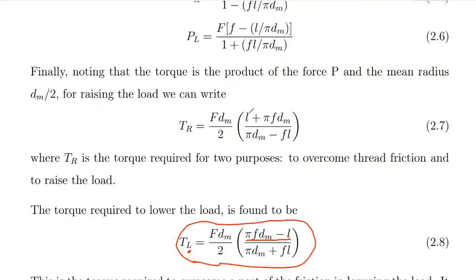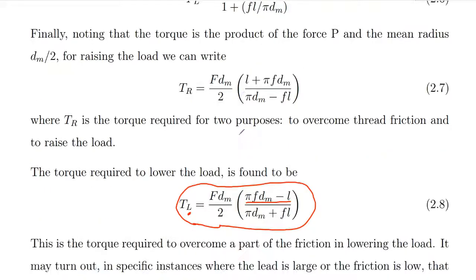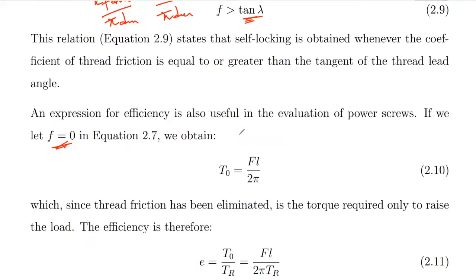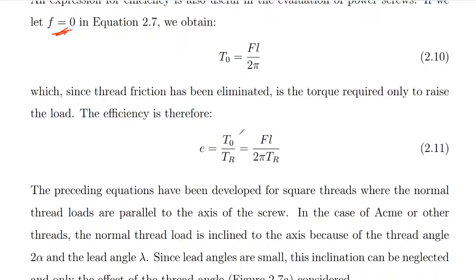Now we have FL over 2 pi. So we'll end up having this expression here. Assuming there is no friction force present in the system, we can say that T naught is equal to FL over 2 pi.